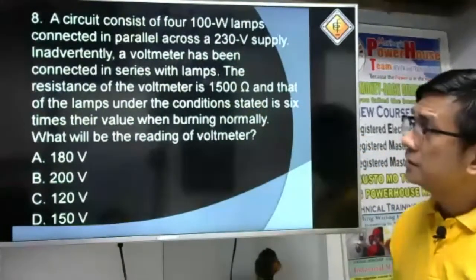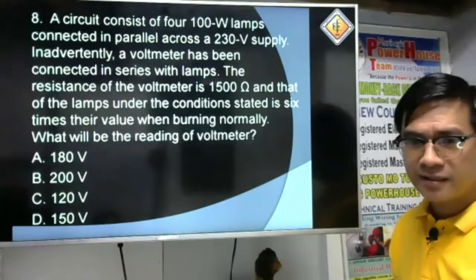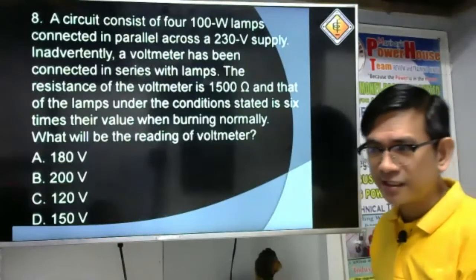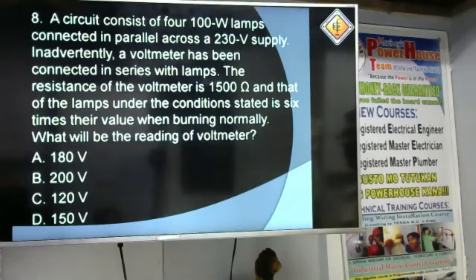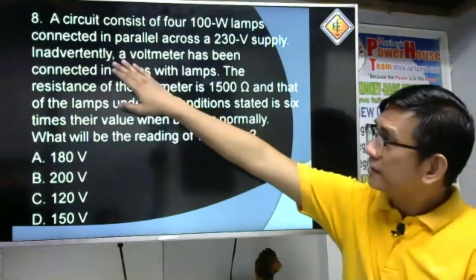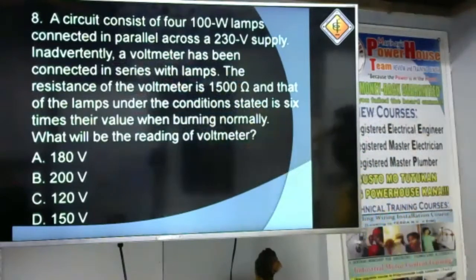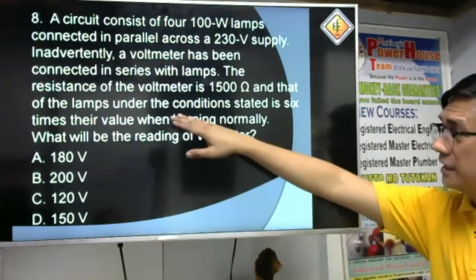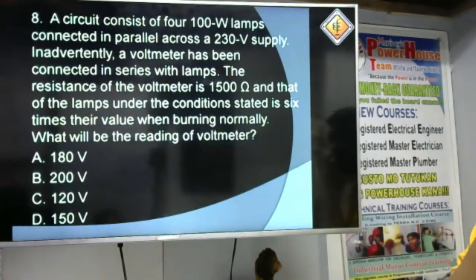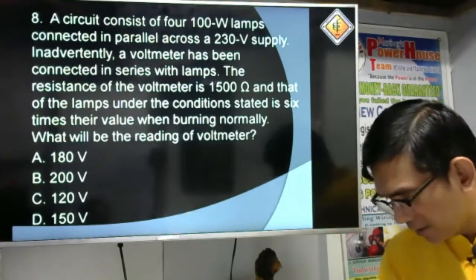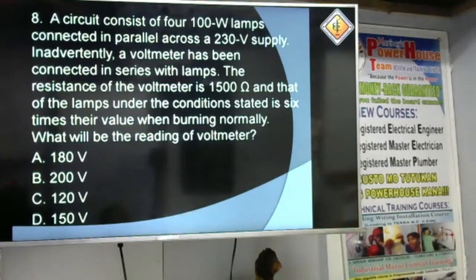Inadvertently, meaning unintentionally, a voltmeter has been connected in series with the lamp. The resistance of the voltmeter is 1,500 ohms. And that of the lamps, under the condition stated, is 6 times their value when burning normally. What will be the reading of the voltmeter?